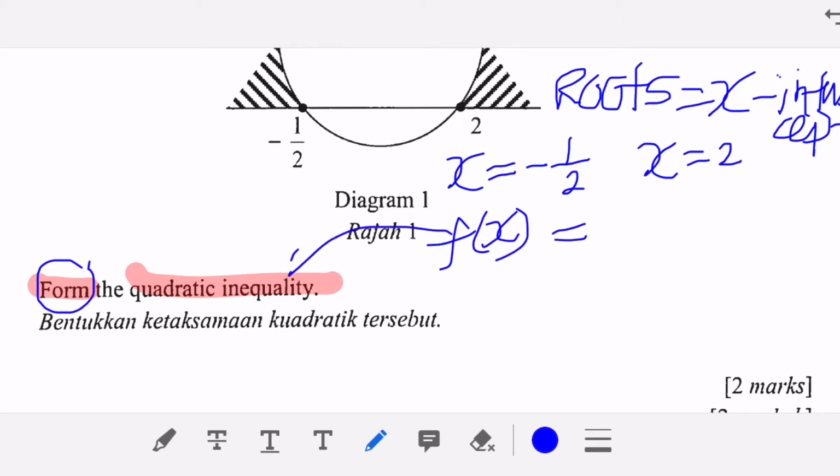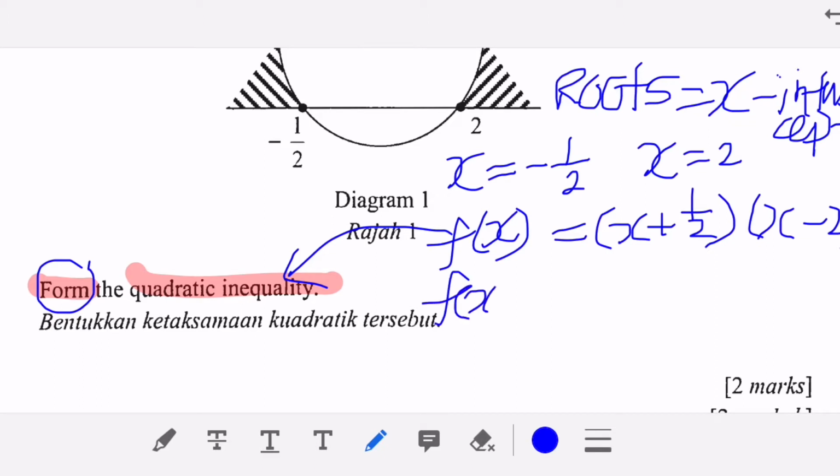We form the quadratic inequality later. We are now letting the function equal first, so we haven't formed the inequality. So I am putting the roots into the factor. I have to make the sign opposite. Now I make it an integer. Make sure it's an integer. So 2x plus 1 and then x minus 2.